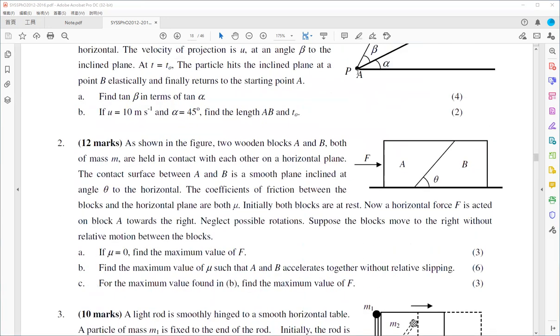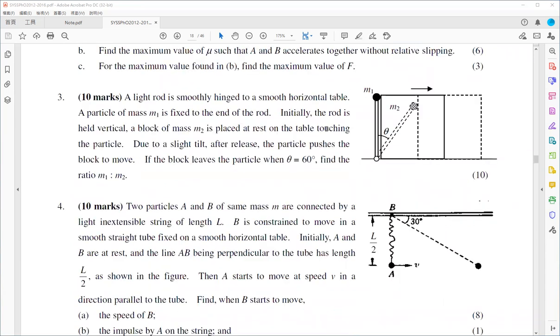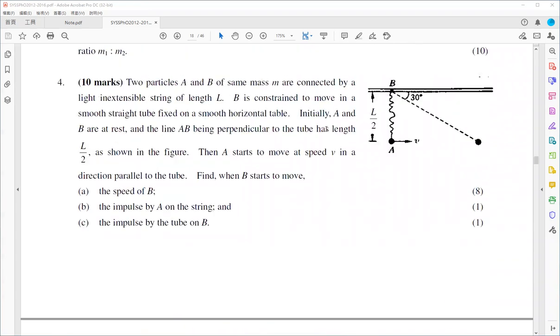We've talked about this. We also have talked about this. This one is difficult. Question 3. Maybe difficult to understand the question.